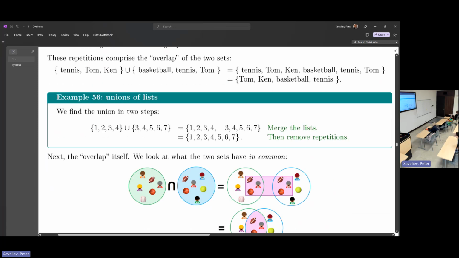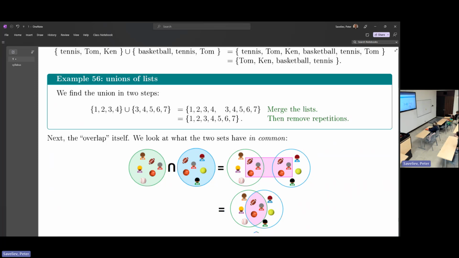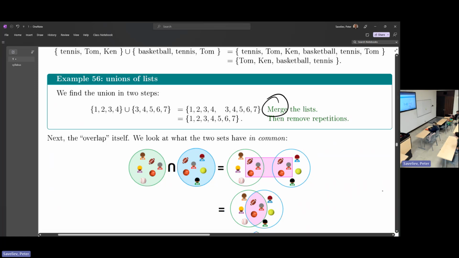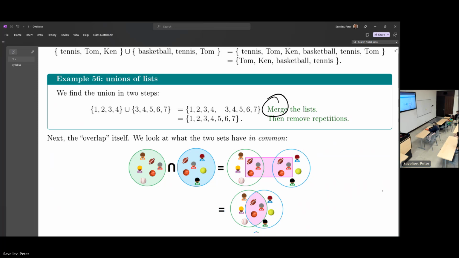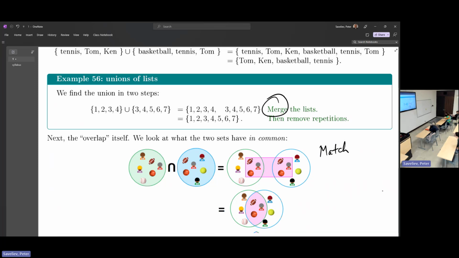And then the overlap, the technical term, is the intersection. Once again, the nature of the elements is unimportant. The symbol is upside down, and you identify the terms that are in both. It's another computing problem: you have two lists, and you're supposed to go through them.